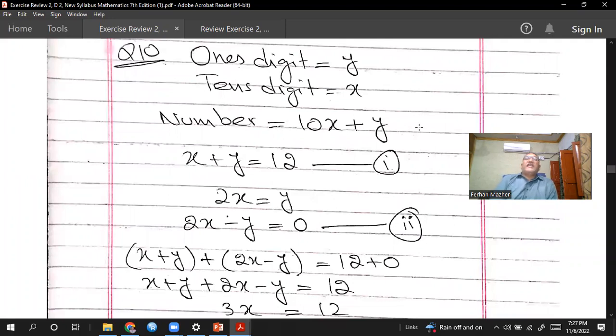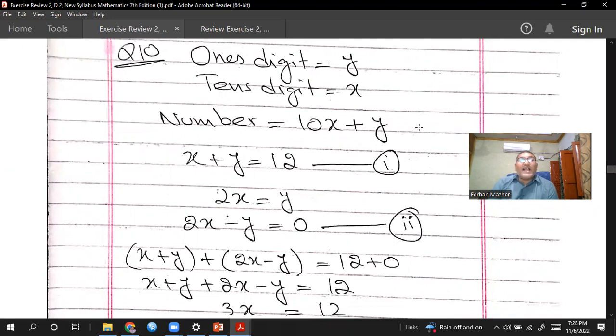The first condition they gave us is that the sum of the digits is 12. So x plus y is equal to 12. The second condition they gave us is that the ones digit is twice the tens digit. So 2x is equal to y, 2x minus y is equal to 0. So that is my second equation.